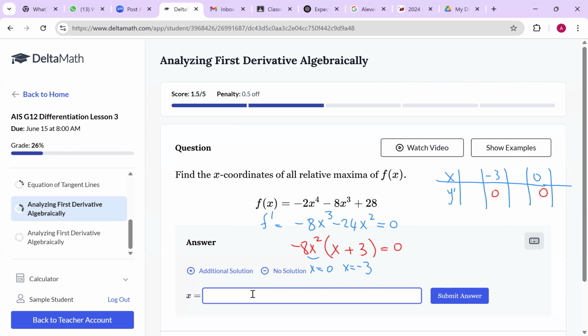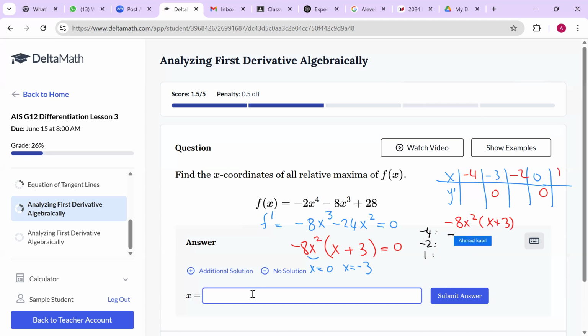So we just take any other numbers. We can take -4, -2, and 1, for example. We rewrite the equation, which is -8x^2 times (x plus 3), and we start plugging the 3 values we chose: -4, -2, and 1.